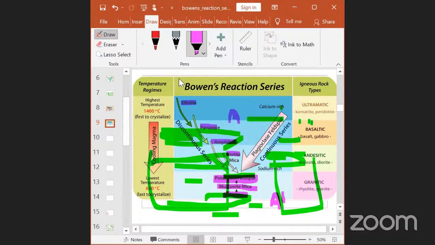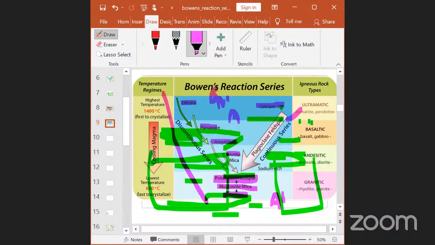Hence, while the discontinuous series is going on, at the same time this continuous series is also going on. Remember this, right? It starts off with the first mineral forming being calcium-rich plagioclase. Calcium-rich plagioclase is a kind of gray color, and it happens to be called anorthite.